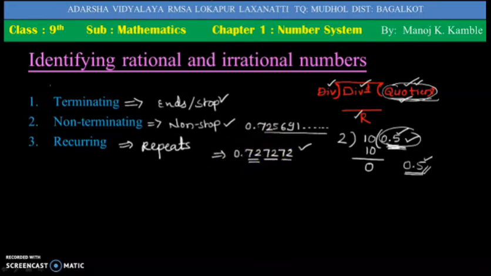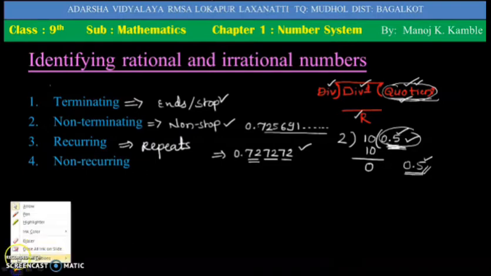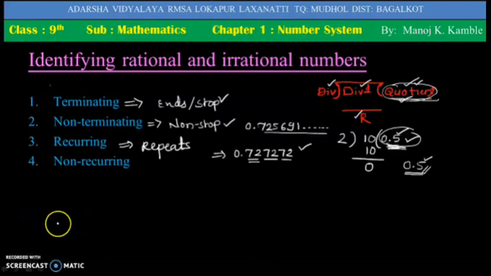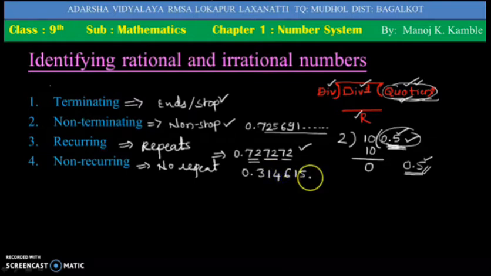Next, the fourth one, non-recurring. Non-recurring means the decimal expansion will not repeat. It means no repeat at all. For example, 0.31465 like this. Here the digits will not repeat, so this is called non-recurring. To recap: terminating means the decimal expansion ends or stops.